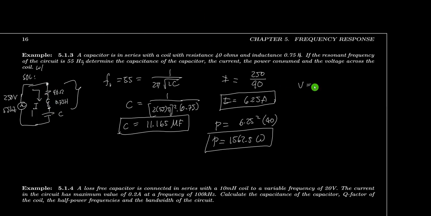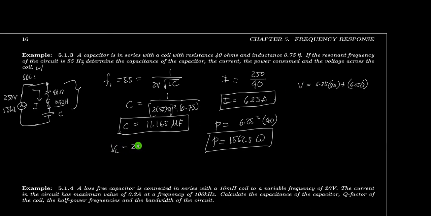By Ohm's law, this will be 6.25, the current flowing, multiplied by 40, the resistance R. These are just zero angle, but we do this in phasor or vectorially. Next, again, multiply 6.25 with angle 0, the current flowing through the reactance X here. So what will be XL?